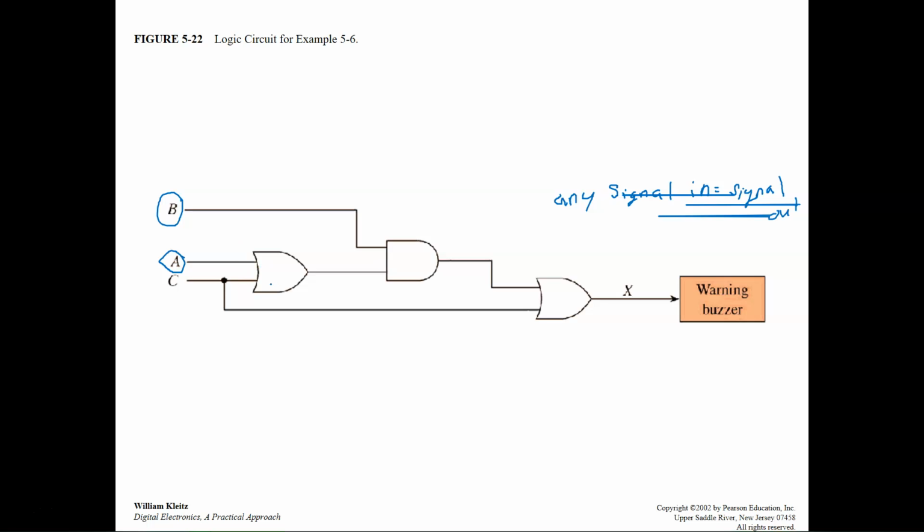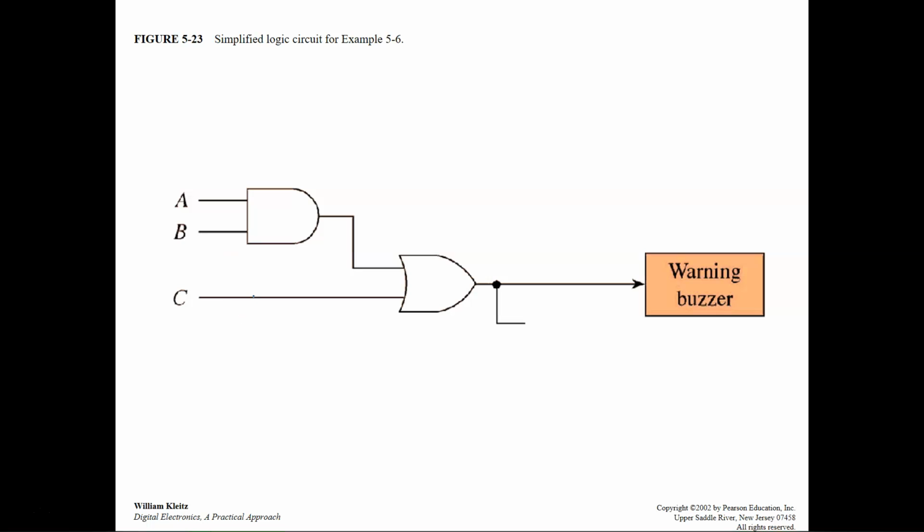For this one, C has the ability to activate with B. For this one, C can act on its own just like it is. We don't have to wait for it to get a signal from B in order to activate that AND gate. Instead, this is a little simpler, right? It would take one less component and it'd be a lot more reliable, right? One less thing to go wrong. Yeah?